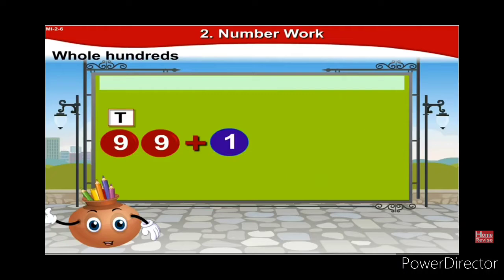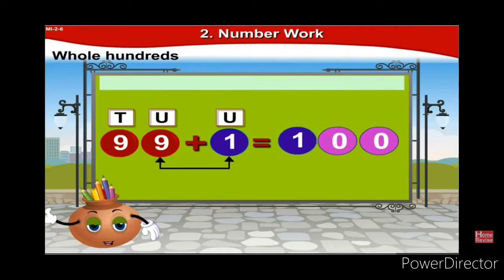Now 9 tens and 9 units, that is 99, plus 1 would be equal to 100. Well, in the answer, under the units place you have 0 and under the tens place you have 10 tens.